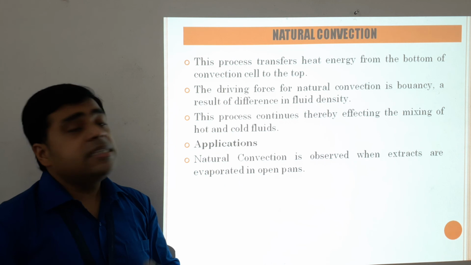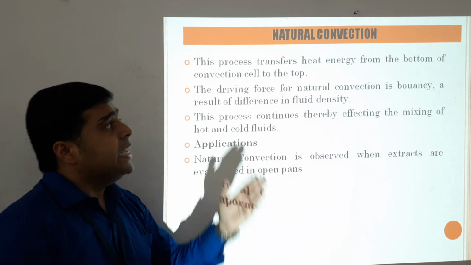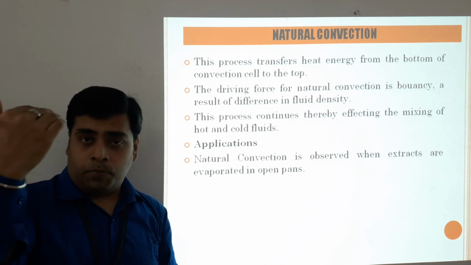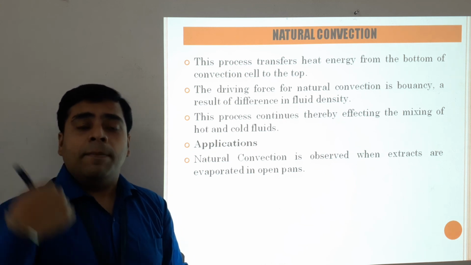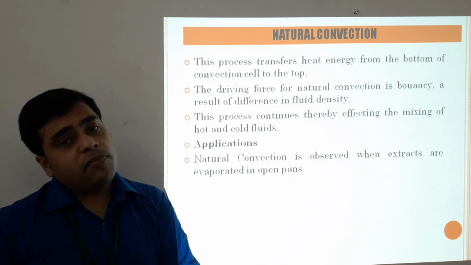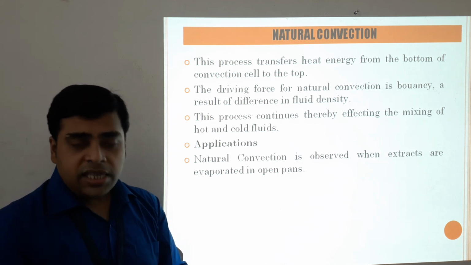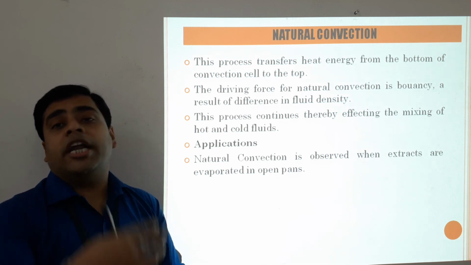This process transfers heat energy from the bottom of the convection cell to the top, because constantly some places will be vacated and the cooler fluid will come, again get heated up and rise up. So this is how a natural convection current is formed.